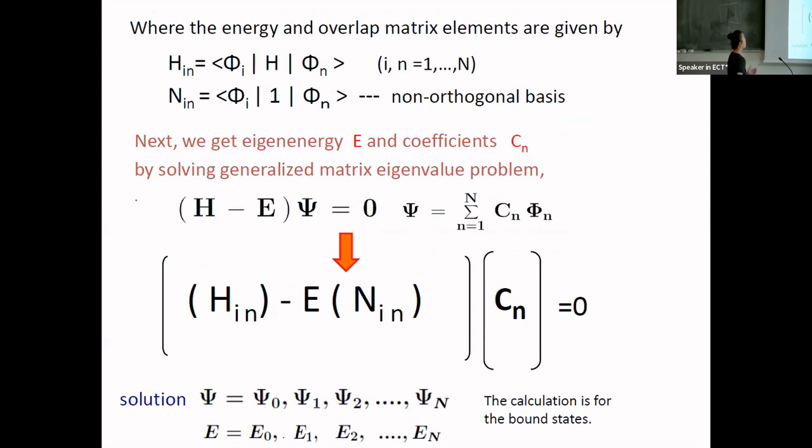Using this Gaussian basis function, we calculate the matrix elements of the Hamiltonian and also the normalization factor. Next we get the eigenenergy E and the unknown coefficient C by solving the generalized matrix eigenvalue problem, and then we can get the set of wave functions together with the energy.